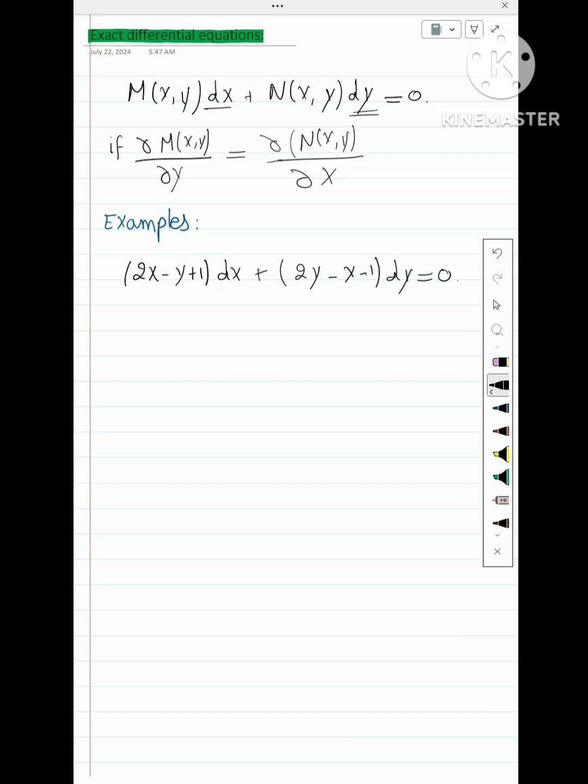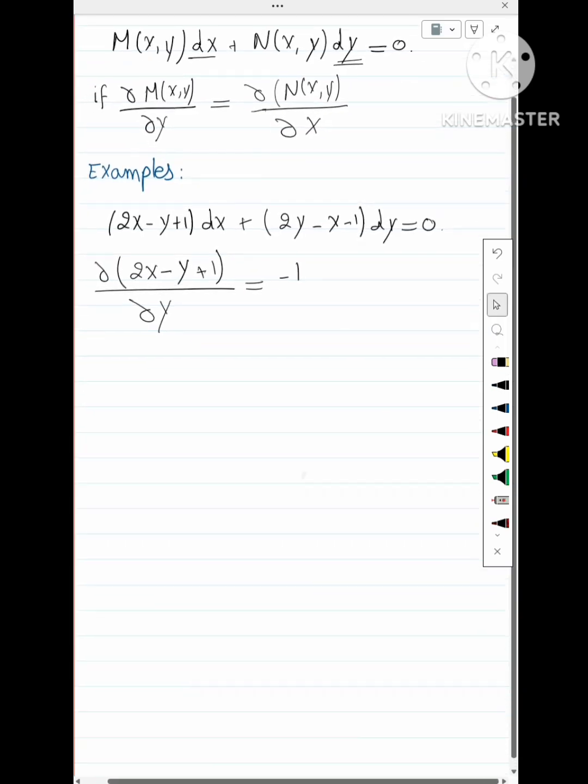So let's try to see if it's exact. We have this condition. We take the derivative of 2x - y + 1, which is multiplied by dx, with respect to y. Every term without y is going to be 0, so the derivative of 2x is 0, the derivative of 1 is 0, and the derivative of minus y is minus 1.